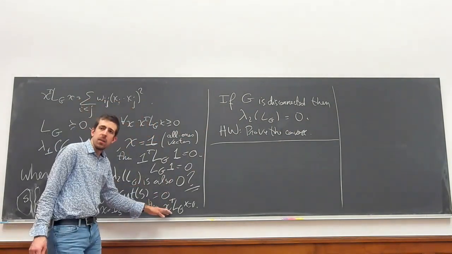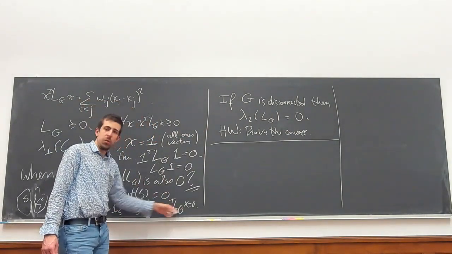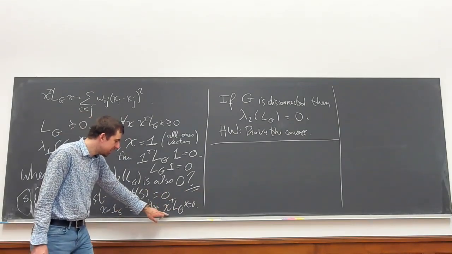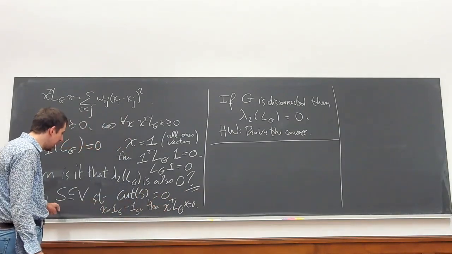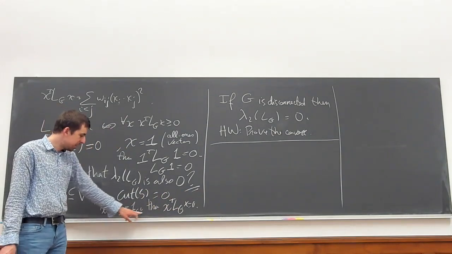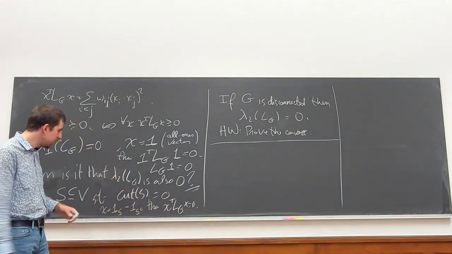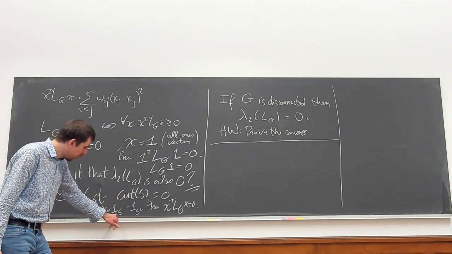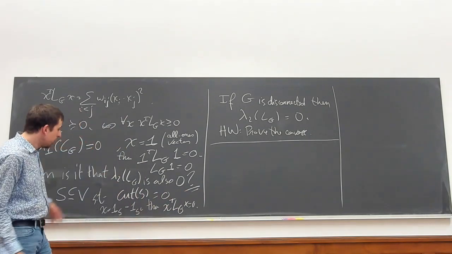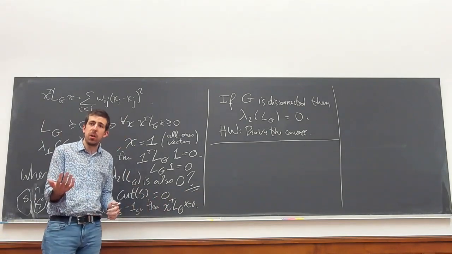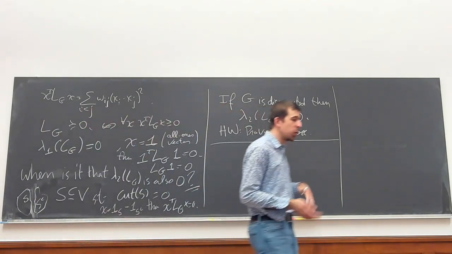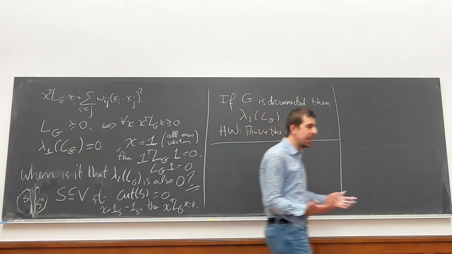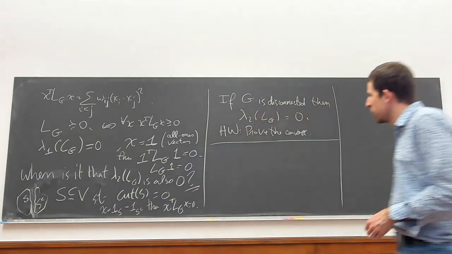Because there is another eigenvector with eigenvalue 0 of the Laplacian, and if the graph is disconnected, that one has information about S. If S and S complement are two disconnected components, then the x that is 1 in one of them and minus 1 in the other will be an eigenvector with eigenvalue 0 of the Laplacian. And so maybe if you see an eigenvector with eigenvalue close to 0 of the Laplacian, it will encode in a similar way the sets that are almost disconnected. And this is exactly the idea of spectral clustering.